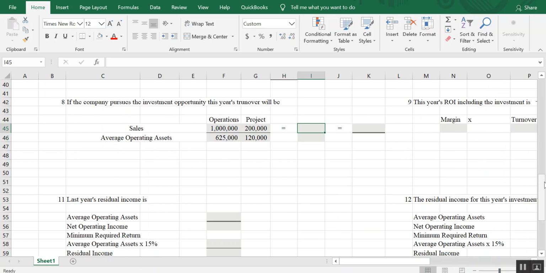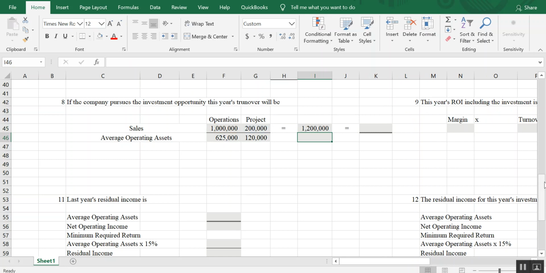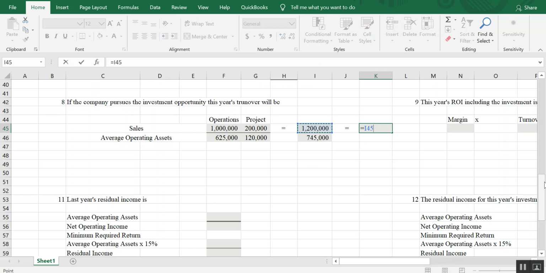We add those together. We have 1,200,000 in total sales. We have 745,000 in total assets. So our total calculated turnover will be, and again, I'm going to round this thing.